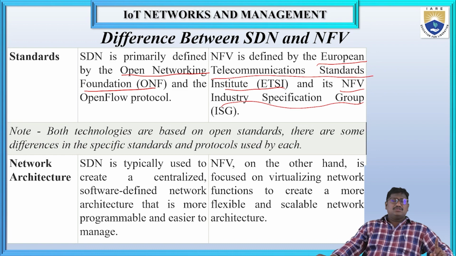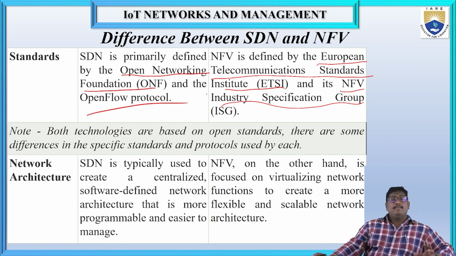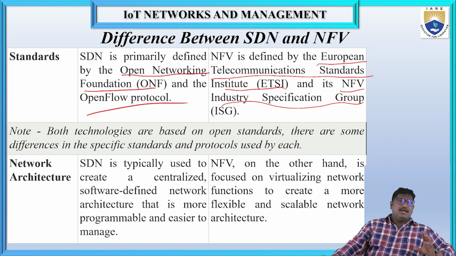In SDN, we are using ONF, the Open Networking Foundation, and the OpenFlow protocol. These are the two things. Whereas in NFV, we are using ETSI, the European Telecommunications Standards Institute, and ISG, the industry specification group, which is a specification group.